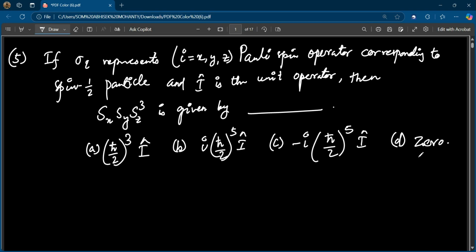Okay, please try this question. If sigma i represents Pauli spin operator corresponding to spin half particles and I is the unit operator, then Sx Sy Sz cubed.